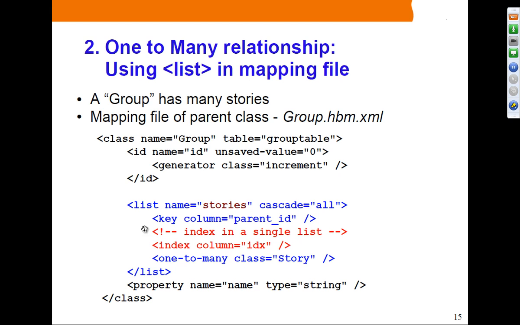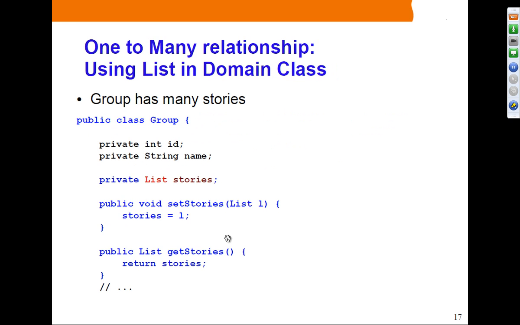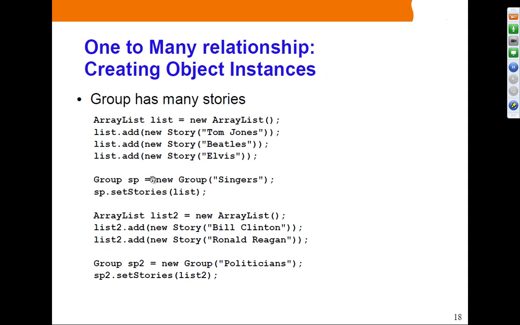The only difference in this case is the index column, because a list can have an order. For story, there is nothing special you have to set. Here you are using the list interface, and here we create an array list object and add 3 stories to the list. Then we have the group singers, and we set the stories list by calling setStories, and same thing with the second array list.